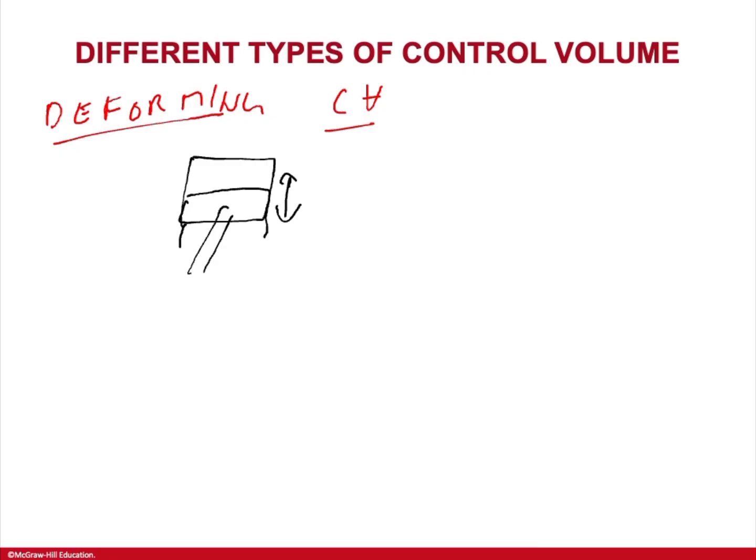What you're concerned with is what's happening to the air inside it. So this volume is either decreasing or increasing depending on the motion of the piston. If the piston is going up, it is decreasing. If the piston is going down, it is increasing.